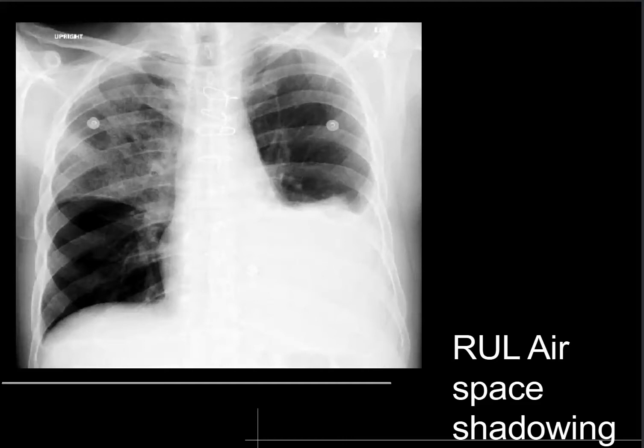Another thing to think about when you're thinking about pus and infection is that if you treat the infection, then the chest x-ray abnormality will resolve. So the follow-up film or the previous film is incredibly important. Here's an example.